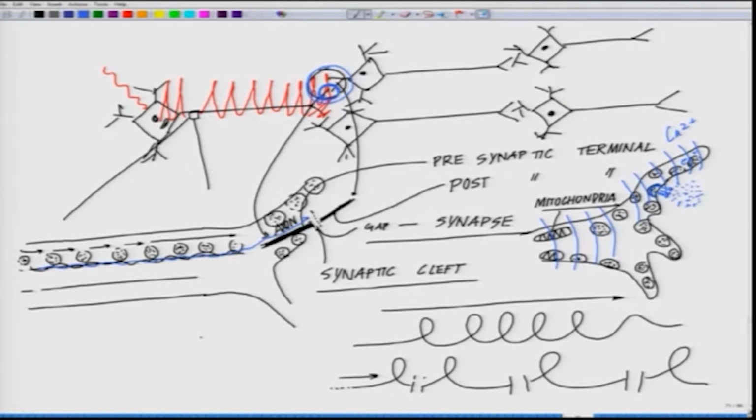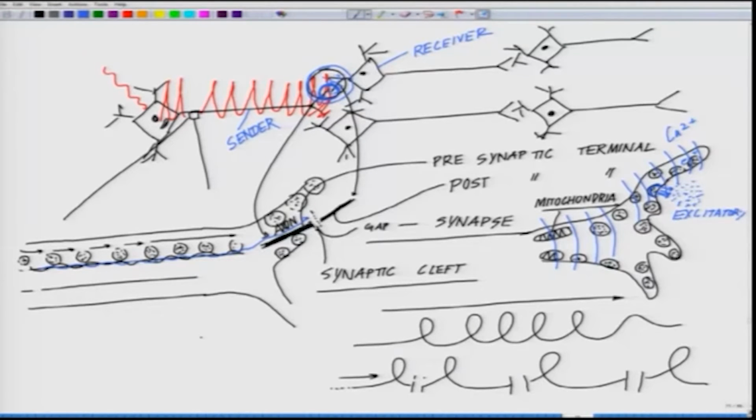Say for example, if this is the sender neuron, and for our study we are talking about the receiver neuron. At this location the neurotransmitters are given out. These neurotransmitters, if they are excitatory, will bind to this receiver neuron's dendritic terminals, right.